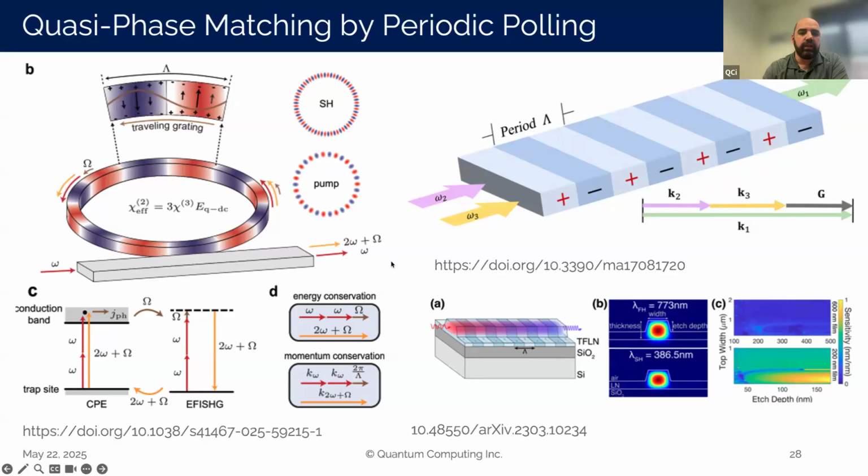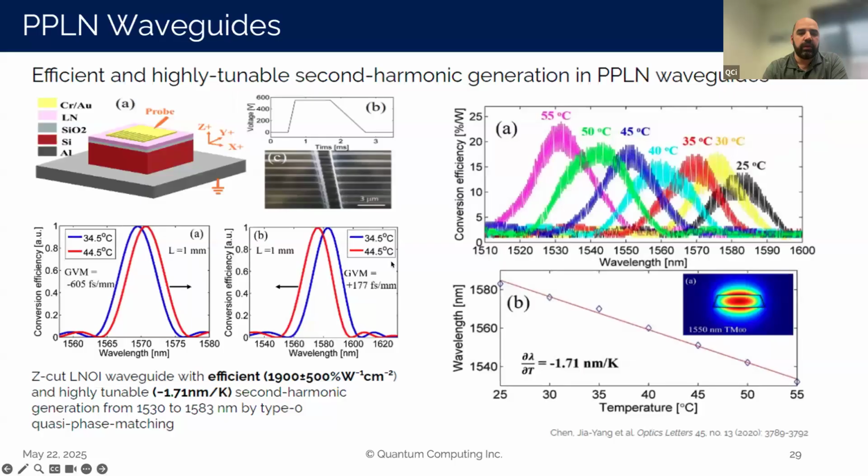And the idea here is if you have a material that is ferroelectric, such as lithium niobate, if you invert the ferroelectric domains, either in a waveguide or in a microring, and you do so with a certain periodicity, that's going to allow you to match the momenta of light that is propagating in this crystal. And doing so, you're going to be able to realize very efficient frequency conversion, as well as other nonlinear optical devices.